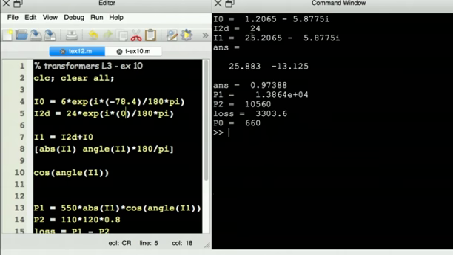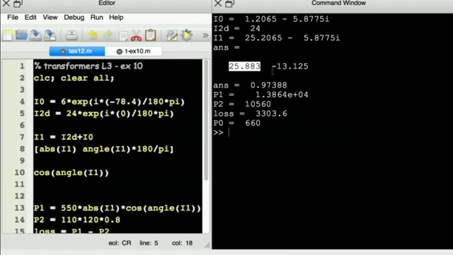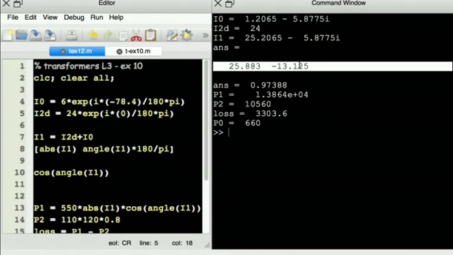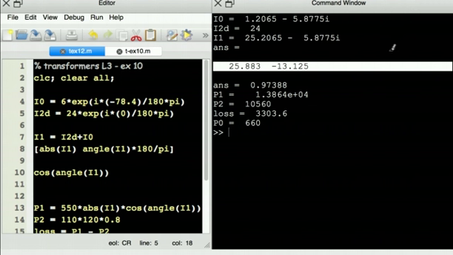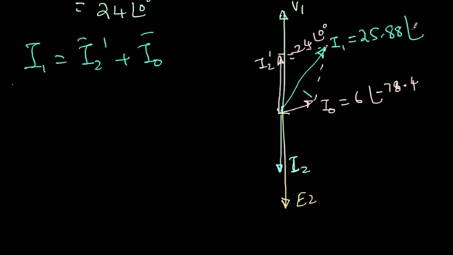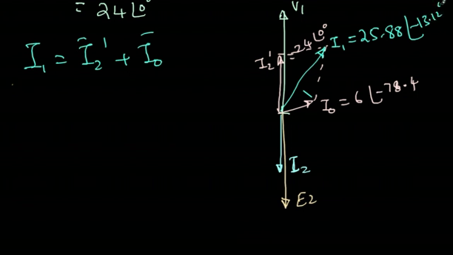So I1 is this one, 25.2, and after converting into polar form, I get 25.88 with minus 13 degrees as the angle. So I1 is 25.88, angle is minus 13.12 degrees. So this is 13.12 degrees, angle phi 1.